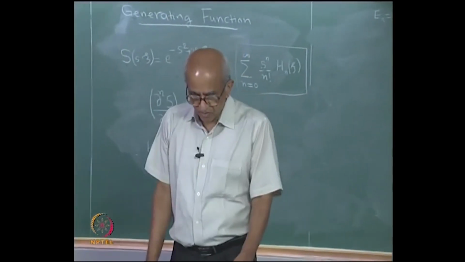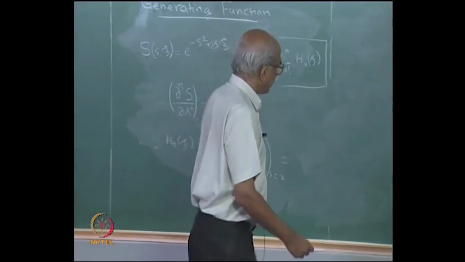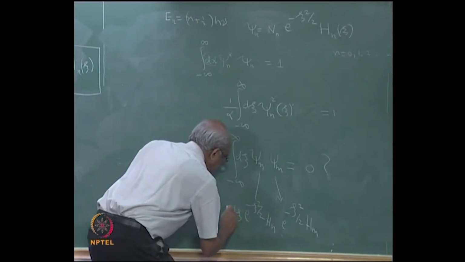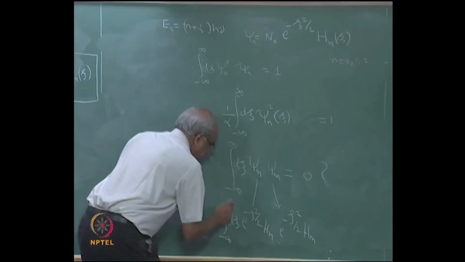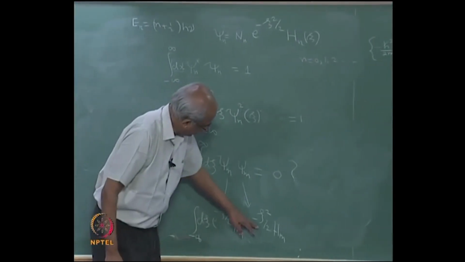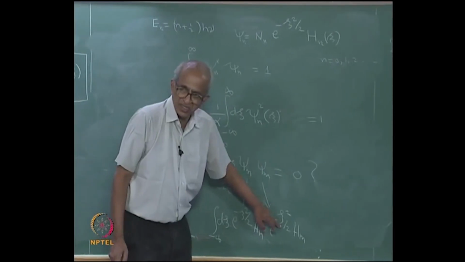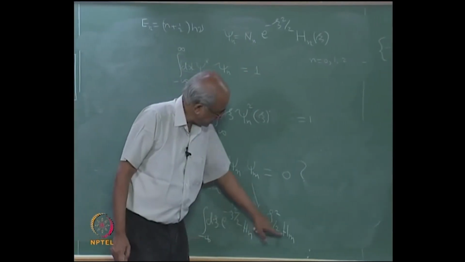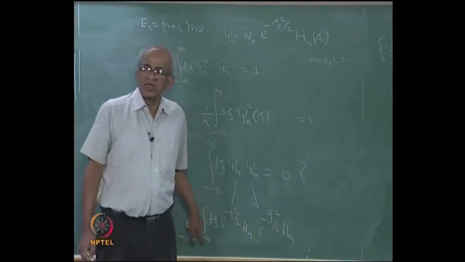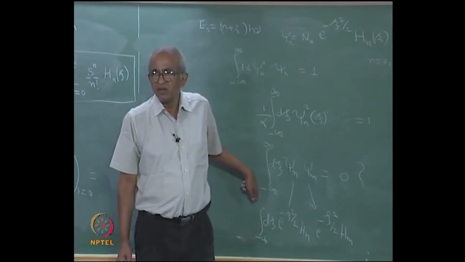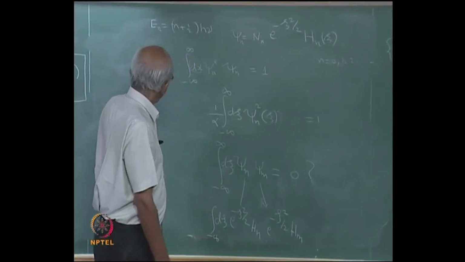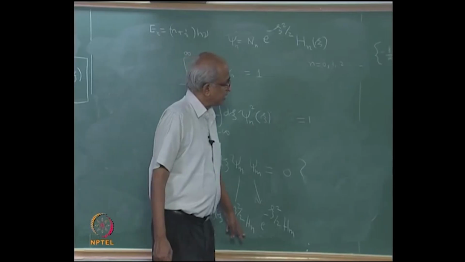So, I want to evaluate the integral from minus infinity to plus infinity of a product which involves e to the power of minus c square, effectively, multiplied by Hn multiplied by Hm. This is what I want to evaluate, but Hn itself, the expression is not very simple.